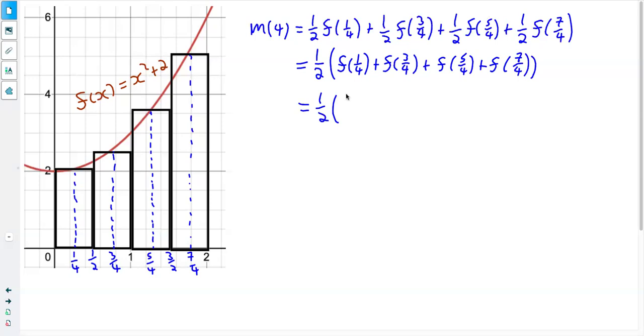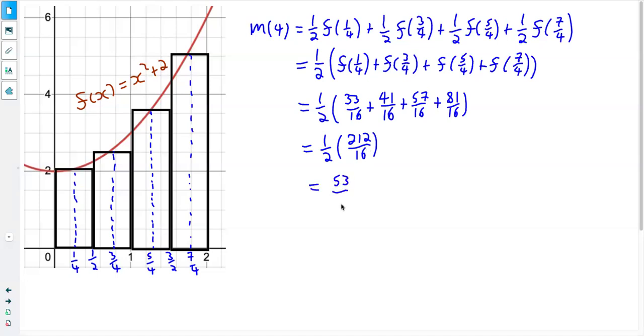Okay, so that gives us 1/2 times 33/16 plus 41/16 plus 57/16 plus 81/16. Going through and simplifying that gives us 1/2 times 212/16, which simplifies down to 53/8.